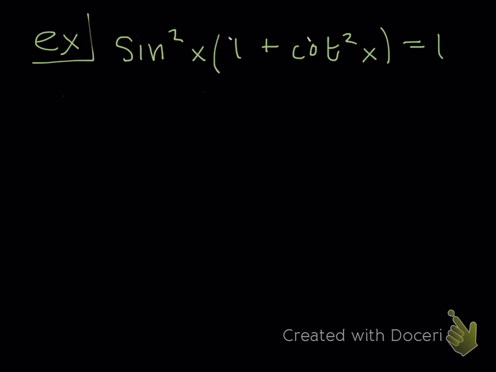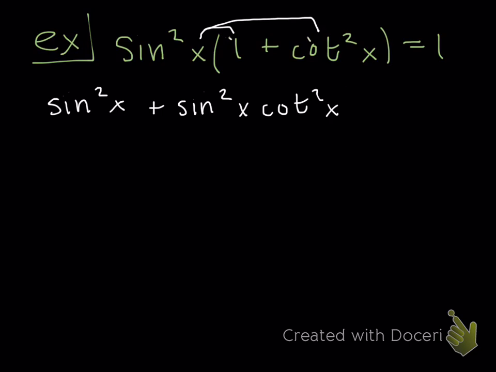For the first approach, I want to distribute this value of sine squared in. So sine squared of x times 1 gives me sine squared of x. Then I have sine squared of x times cotangent squared of x.